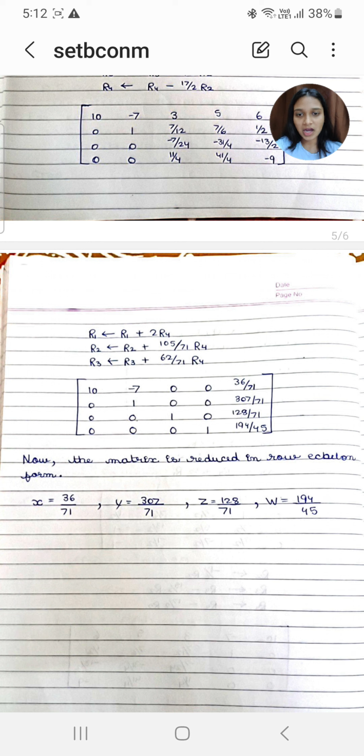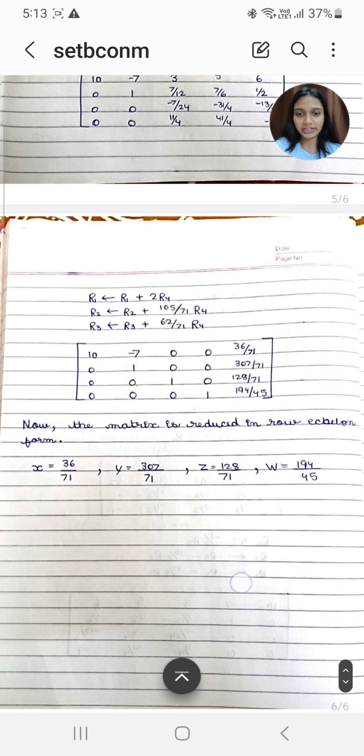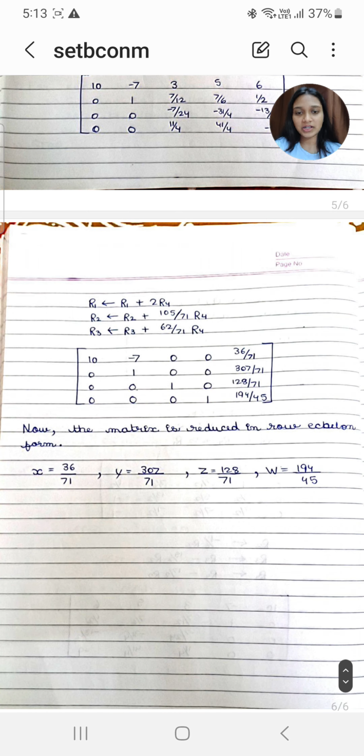Now we would apply R1 = R1 + 2R4, R2 = R2 + 105/71 R4, and R3 = R3 + 62/71 R4. We would get the final matrix and we will pick out the equations and the values from it.